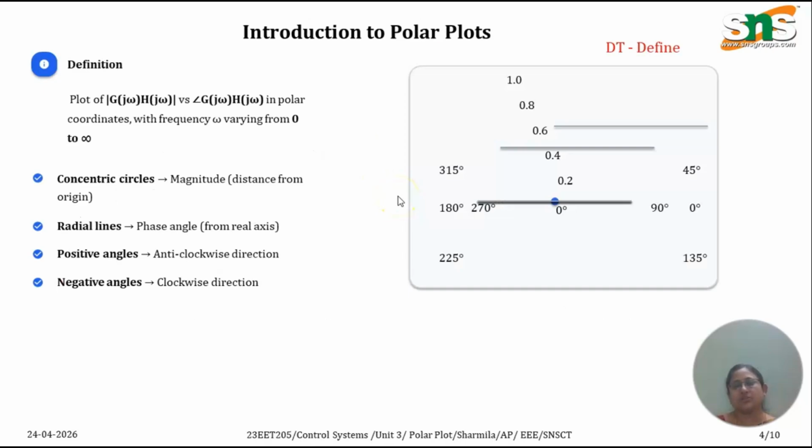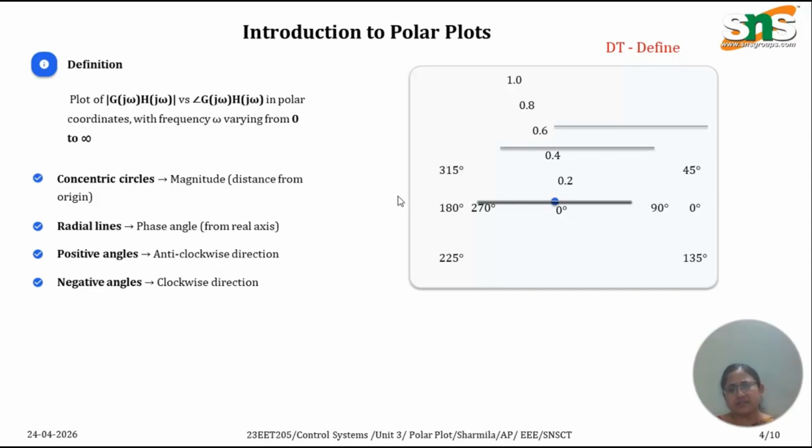Now let's go for the definition of polar plots. A polar plot represents the frequency response of a system by plotting the magnitude, that is |G(jω)H(jω)|, versus the phase angle of G(jω)H(jω), in polar coordinates as frequency varies from 0 to infinity.